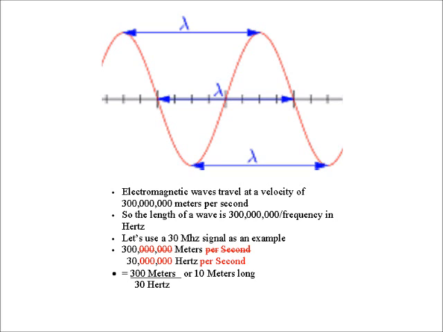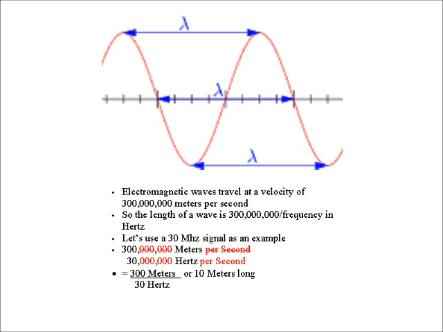Let's say we're going to look at a 30 megahertz signal, which is the 10 meter band, right? We take 300 million meters divided by 30 million hertz, so that's 300 divided by 30, or a 30 megahertz signal is 10 meters long.